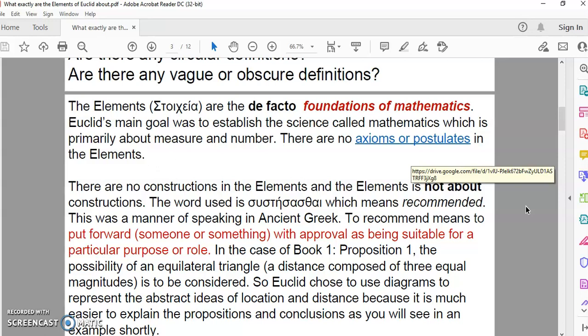Okay, so in other words, the easiest way to derive the science of mathematics from nothing was to use the concept of distance, which in its primitive form is just magnitude, i.e. the concept of size, dimension, or extent.